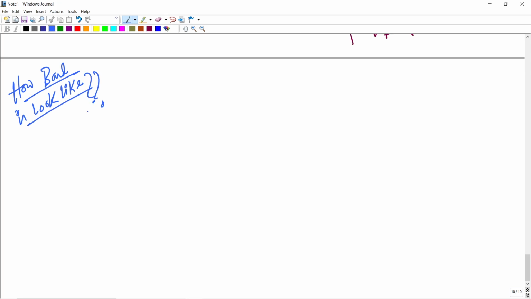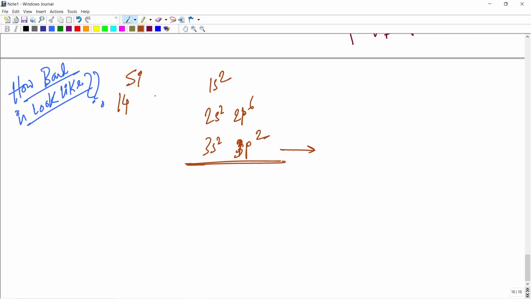If we choose silicon, an elemental semiconductor, the atomic number is 14. The electronic configuration is 1s2, 2s2, 2p6, 3s2, 3p2. The last shell has 4 electrons.